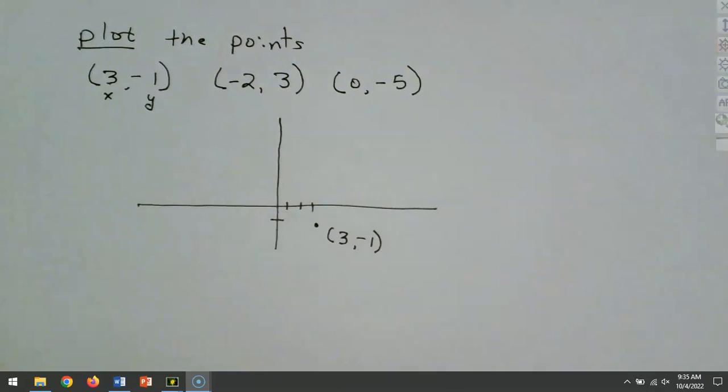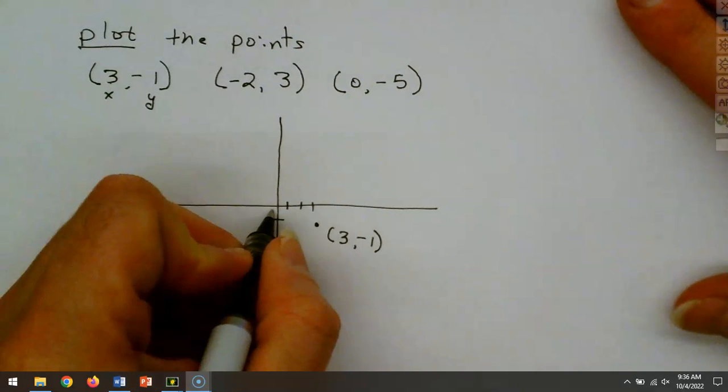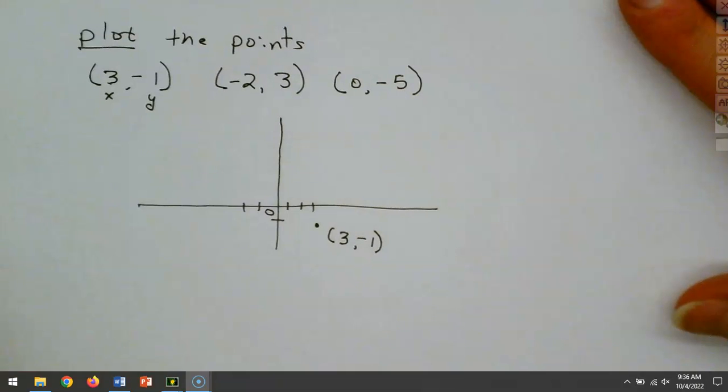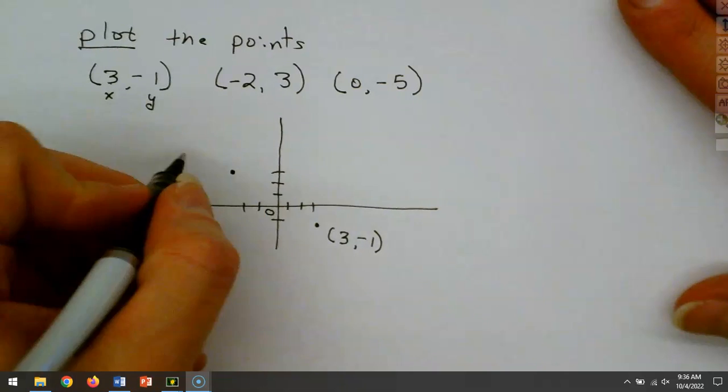If I wanted to plot this second ordered pair, -2, +3, I would go back, because this is our 0. Zero's there. I would go back 2 and up 3. So -2, +3 would be right here.